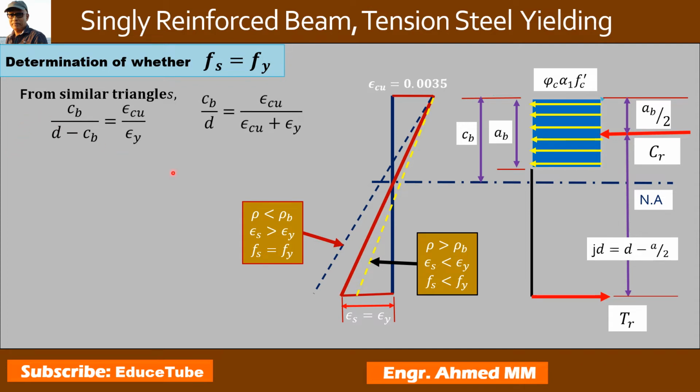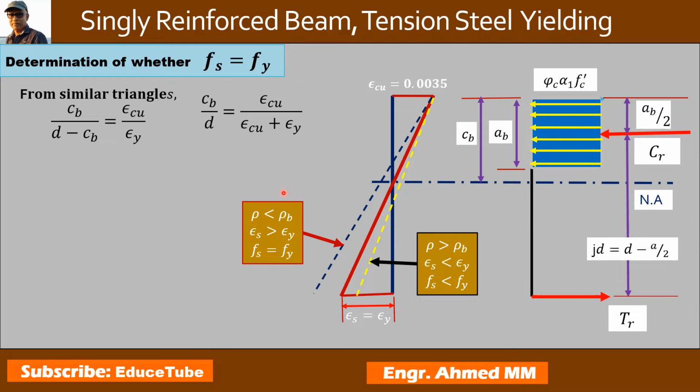This red line in the strain distribution diagram is the balanced failure, and the balanced condition is normally characterized by simultaneous crushing of concrete and yielding of tension reinforcement. A very important point to understand: simultaneous crushing of concrete and yielding of tension reinforcement.